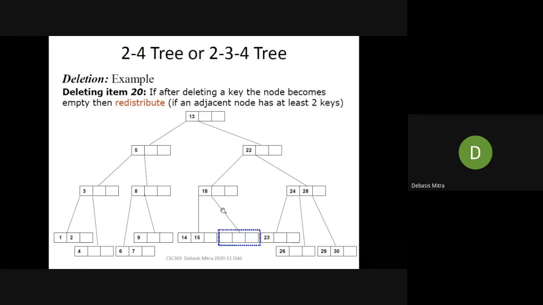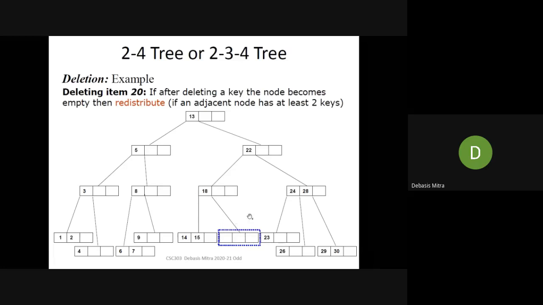Now see which subtree we are interested in. This is the left sibling, the leaf containing 14 and 15. Then this is the parent element 18, and this is the actual node that underflowed.